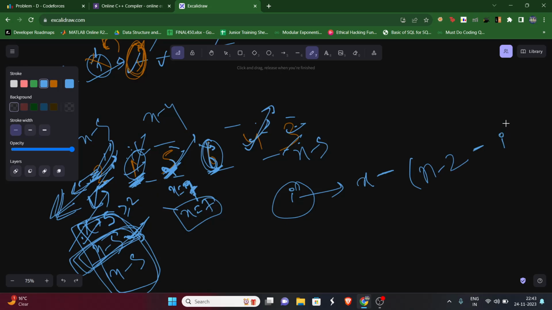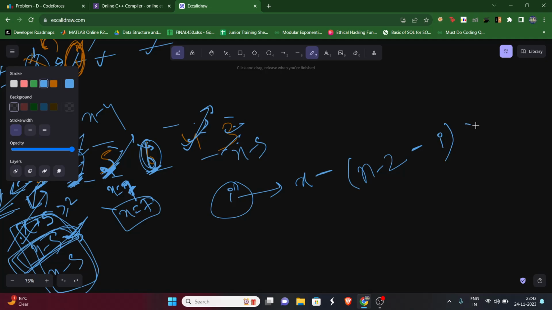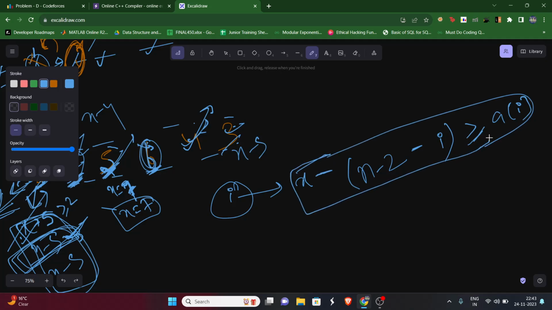That will be nothing but i, and this should satisfy the value of a of i. So from here we can write that for any particular index, this x should be greater than or equal to a of i plus n minus 2 minus i.